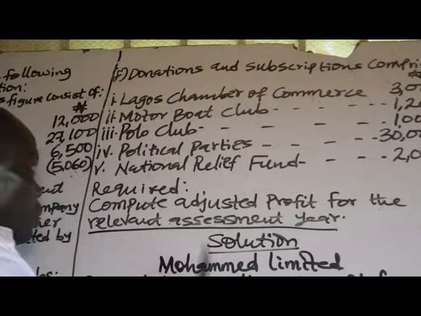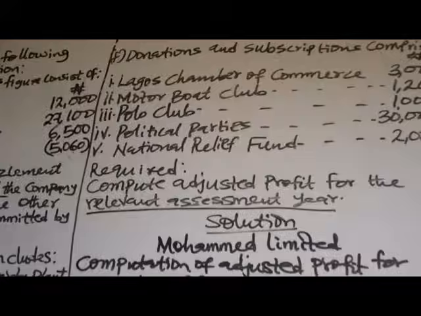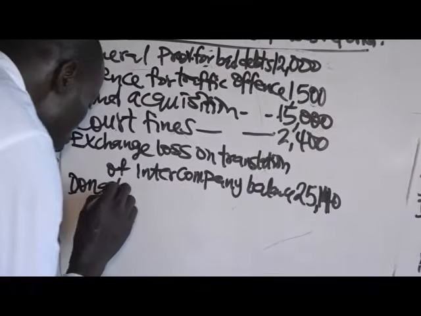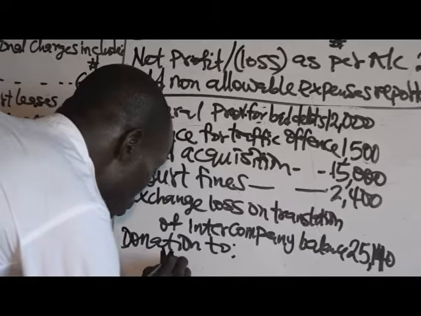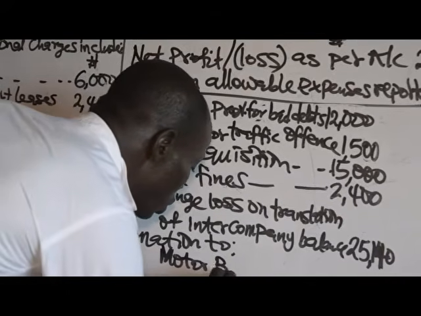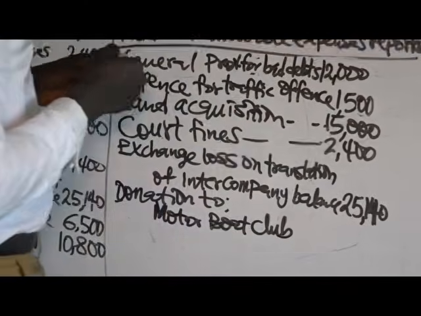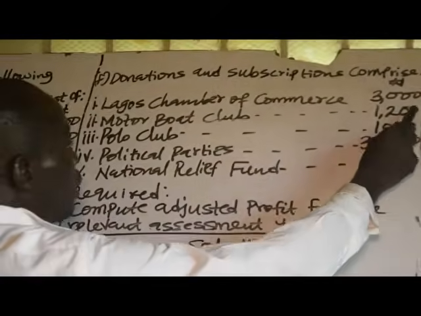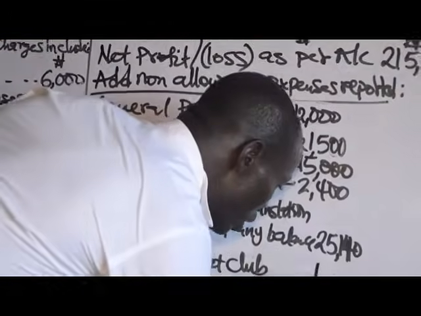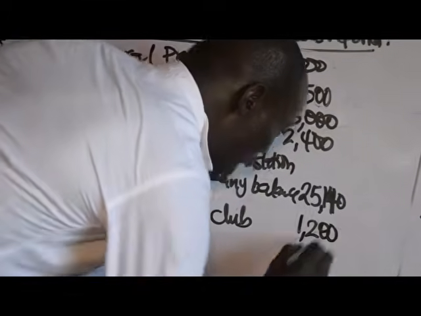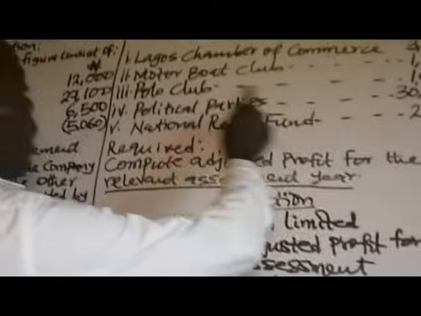Motor Boat Club is not among. So donation to Motor Boat Club, that amounted to 1,200. That is not allowable. Then we have Polo Club.